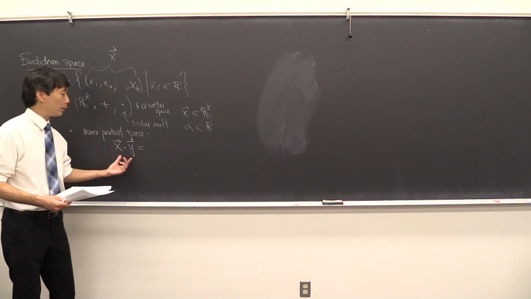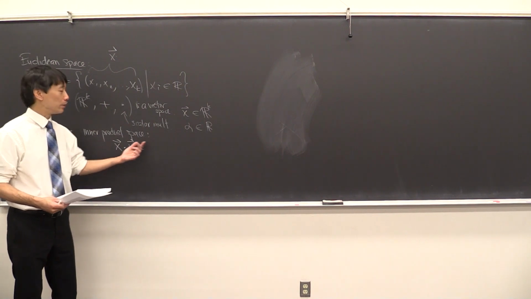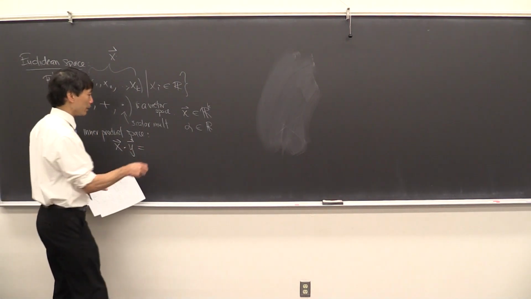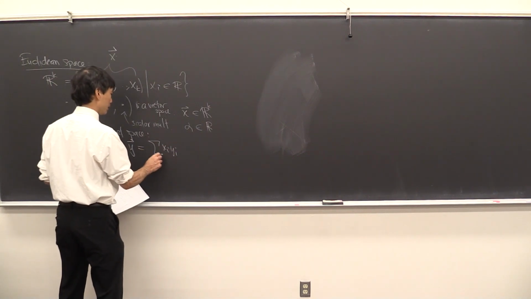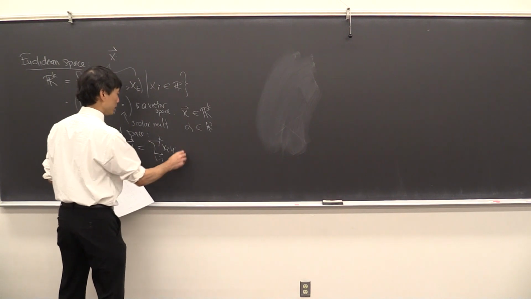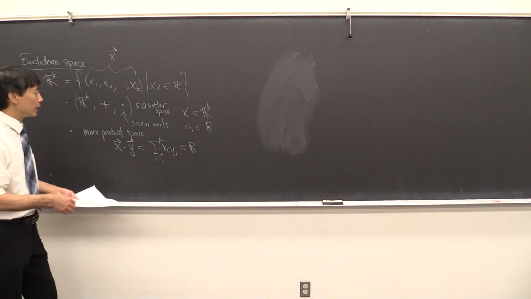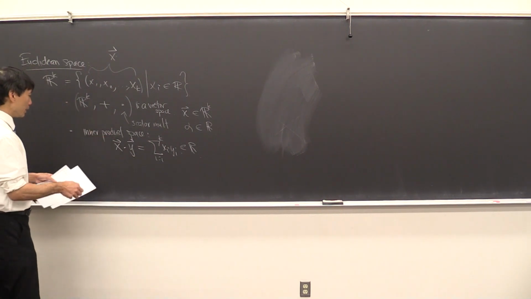It's not like a field where you take two elements of the field and you get an element of the field. So you take two vectors, you multiply them, you get a scalar, some real number. Okay. So you get this dot product, and that's an inner product.